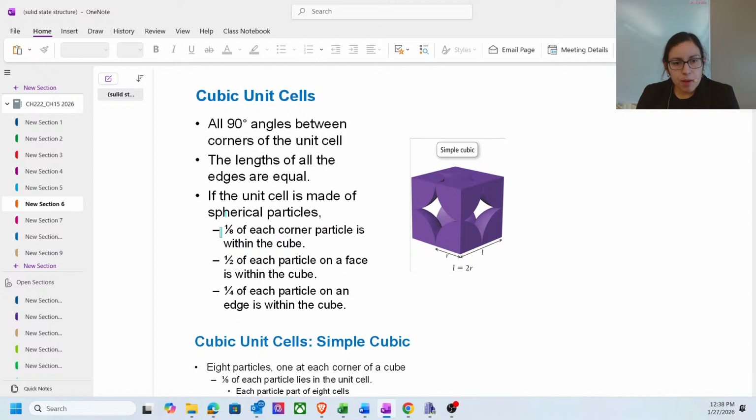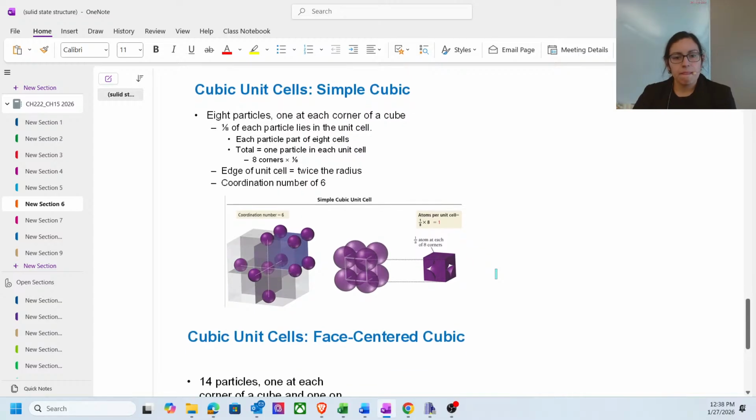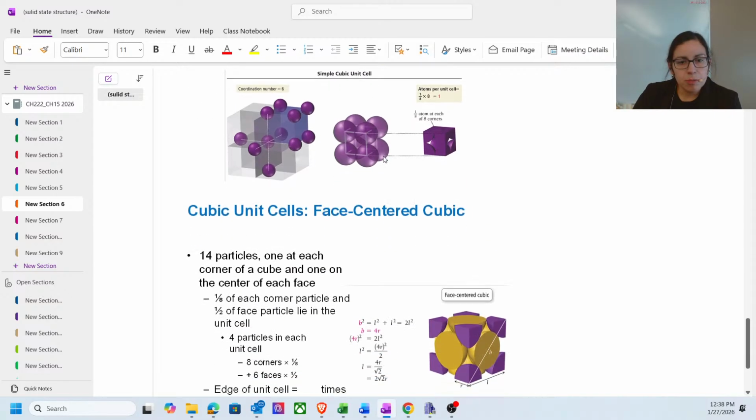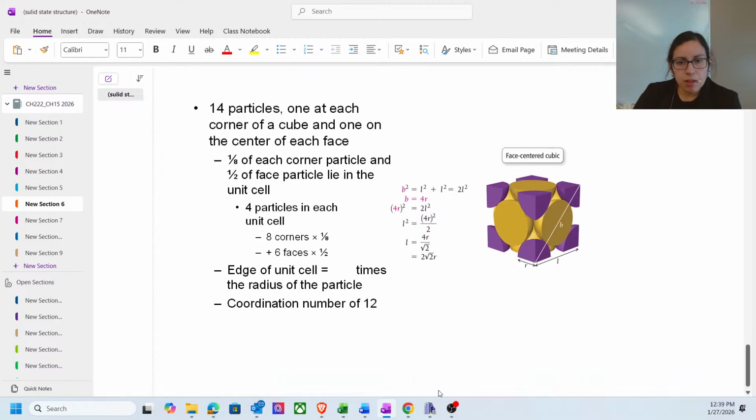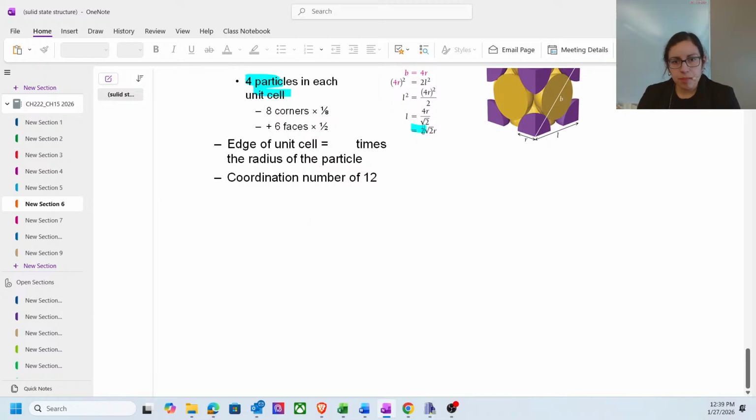So again, we have 1/8 of each corner in our cube, and then looking at our edge length, our total L of our cube is equal to 2R. And then looking at our simple cubic. So again, face-centered cubic with our 4 particles in each cell. So that will be relevant later.